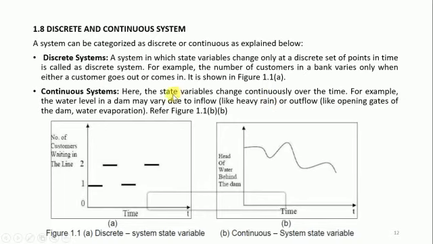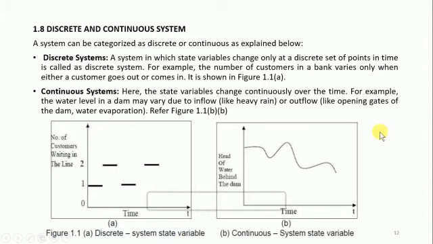Here we are having an example: when we are having heavy rain, the water in the dam will continually increase. When we are going to make outflow, it means that we are opening the gates of the dam.